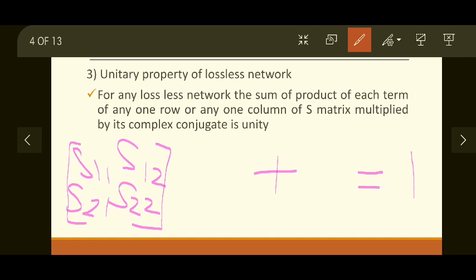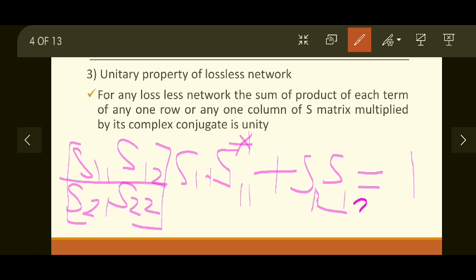Let's take a row instead of a column right now. First row: product of S11 with its conjugate, S11 into S11 conjugate, and similarly, continuing with the same first row, plus S12 into S12 conjugate. That will be equal to 1.